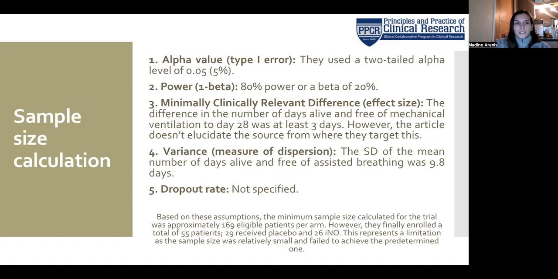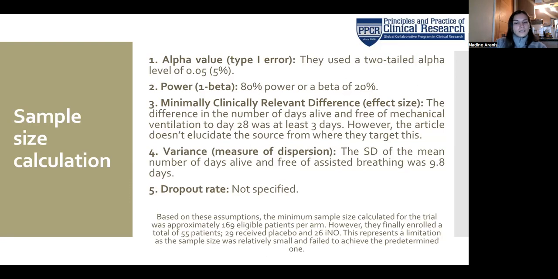To finish the analysis, I would like to talk about the sample size calculation, where they used a two-tailed alpha level of 0.05, which is 5%. They used a power of 80%, and to determine the effect size, they used the difference in the number of days alive and free of mechanical ventilation to day 28 as at least 3 days.